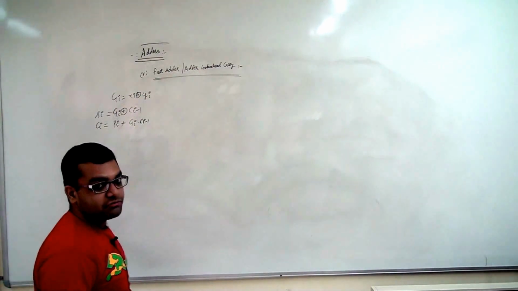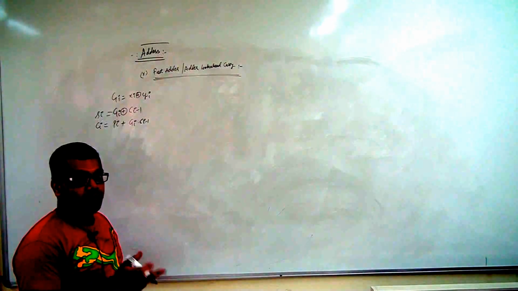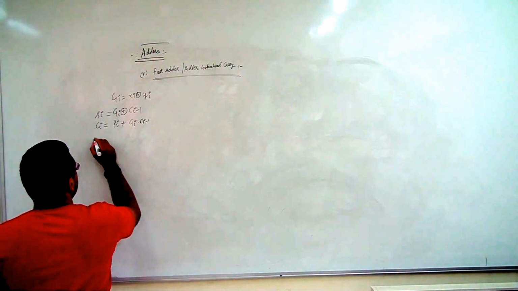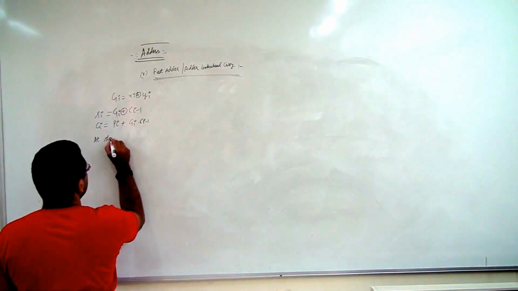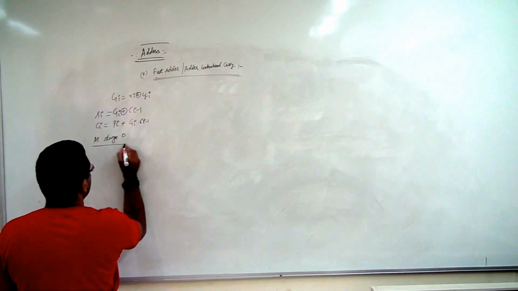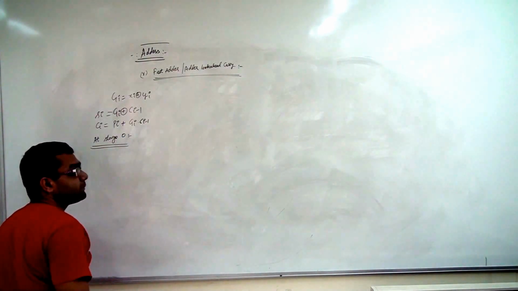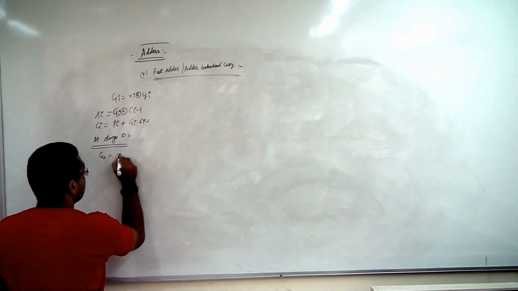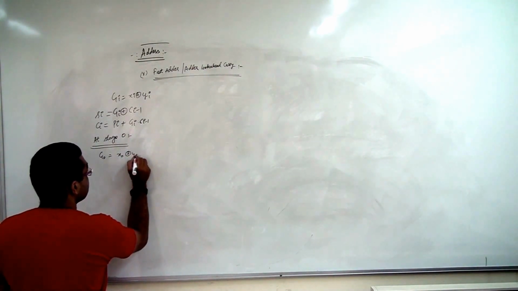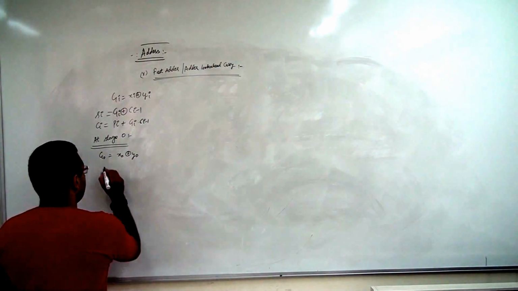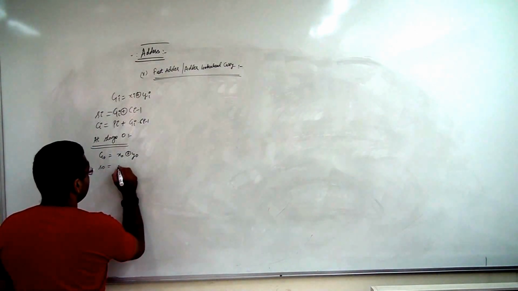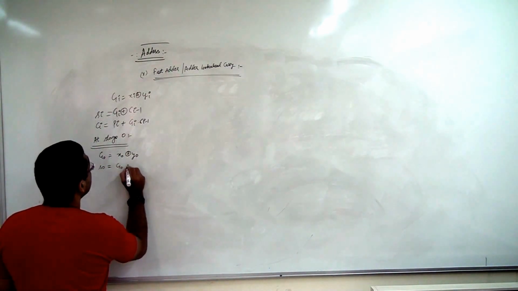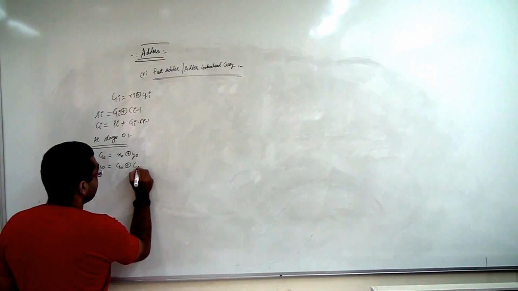Okay, now if I have say 4 stages, 0, 1, 2 and 3. So what do I get at stage 0? My G0 is X0 XOR Y0. S0 is G0 XOR C minus 1.